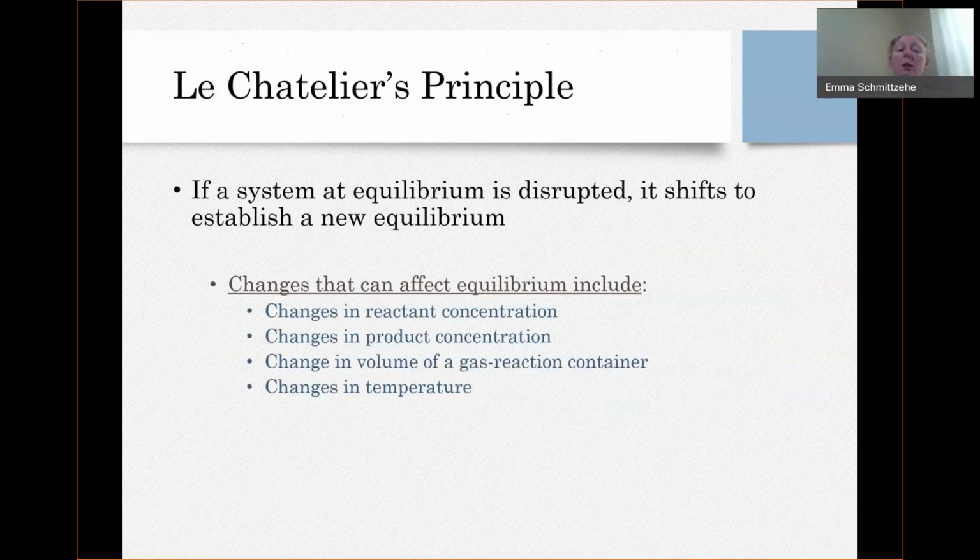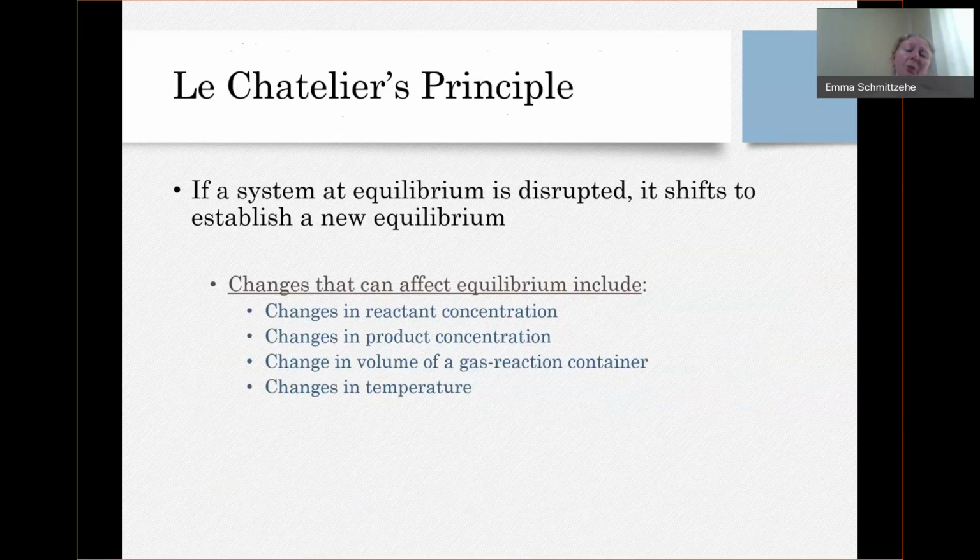There's a lot of things we can do to some reaction at equilibrium that actually affects its equilibrium. Different disturbances we can do are changing reactant concentrations, changing product concentrations. So if we change any one of the reactants or any one of the products, now it's not at equilibrium anymore. And the reaction is going to shift one direction or the other till it reestablishes equilibrium.